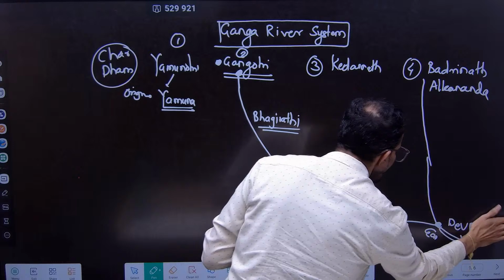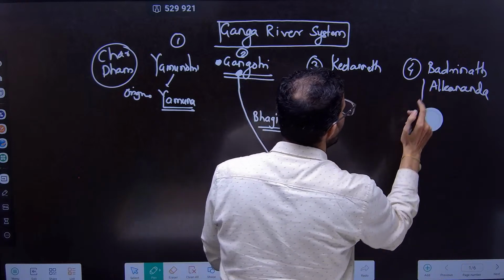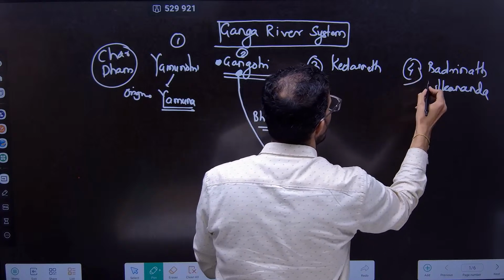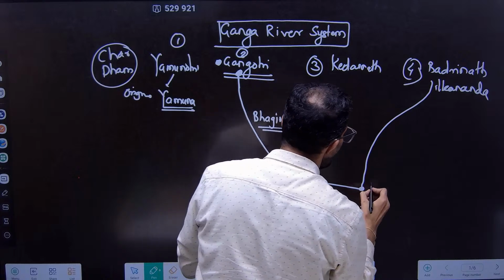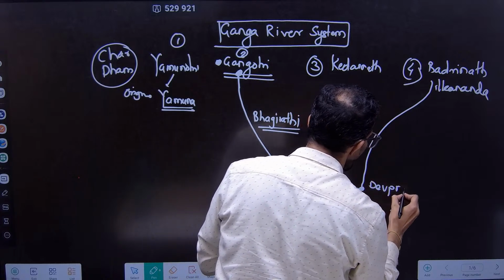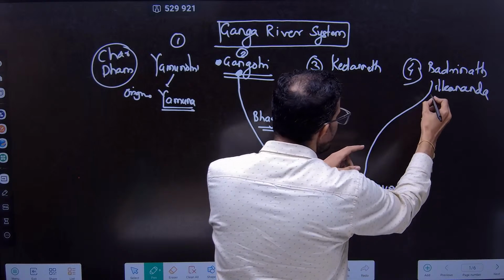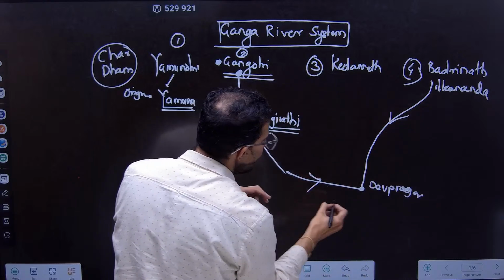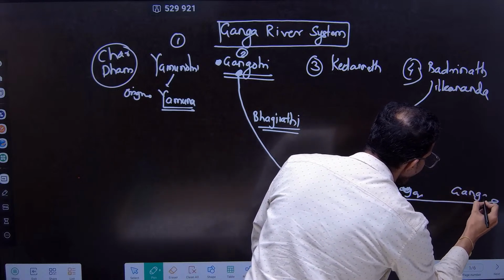So I will write it down like this. Suppose at the Devprayag, this Alaknanda and this Bhagirathi travel as the Ganga.